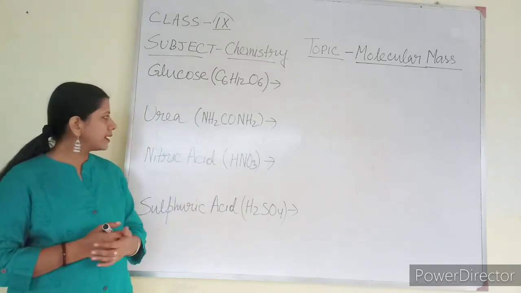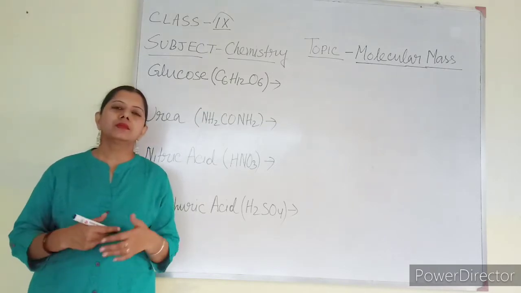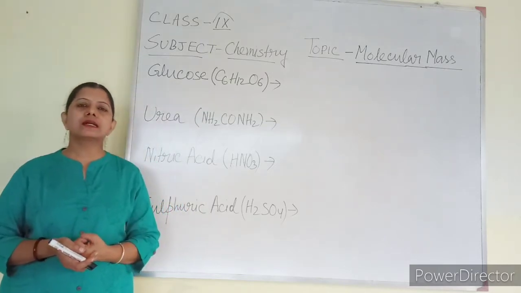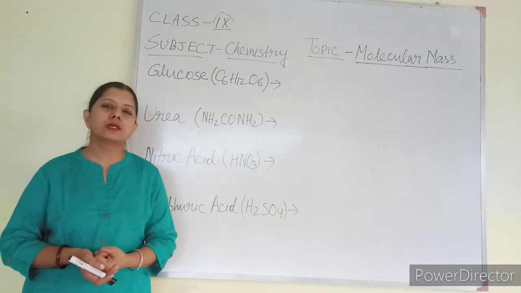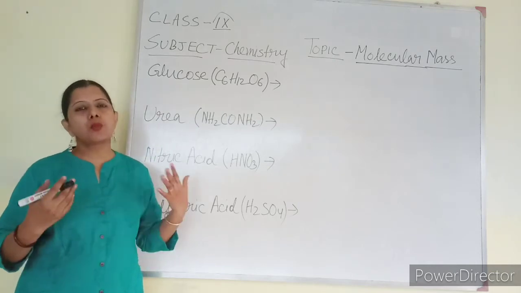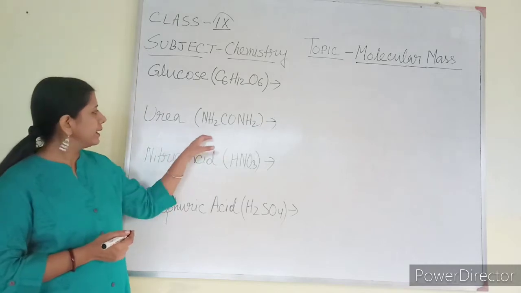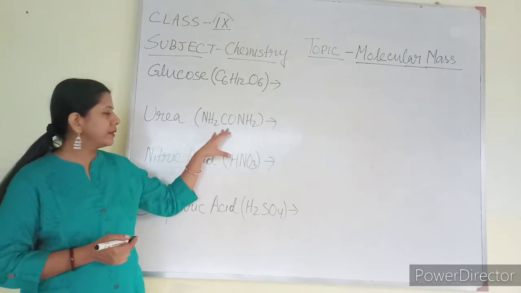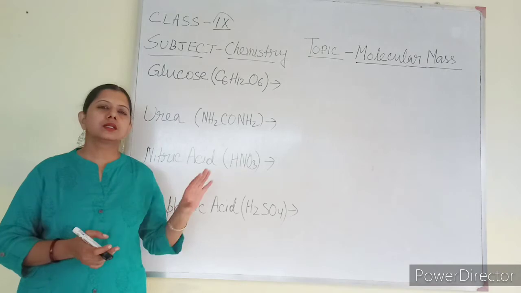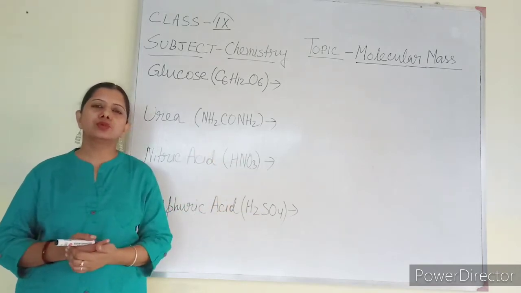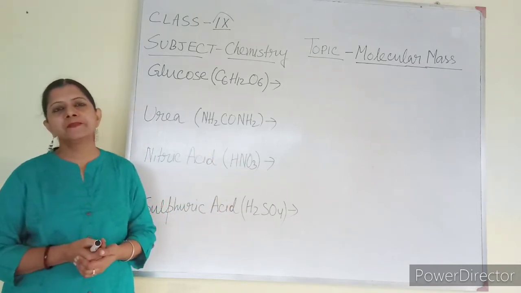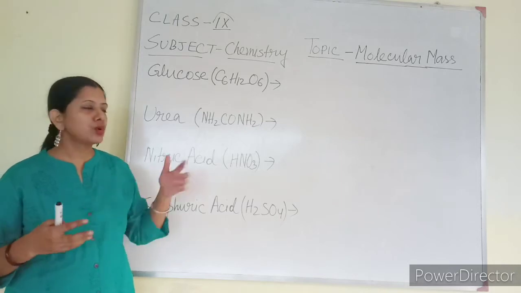The formulas I have written already. In this kind of question it is not necessary that the formula will be given to you every time. So some common formulas you have to memorize on your own. Definitely urea is very new to you, so this formula will be given to you if you get a question, because you may not know about it.